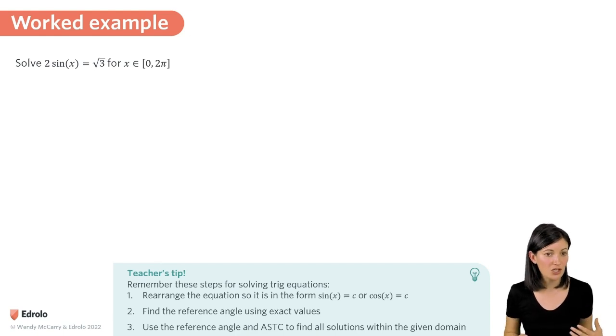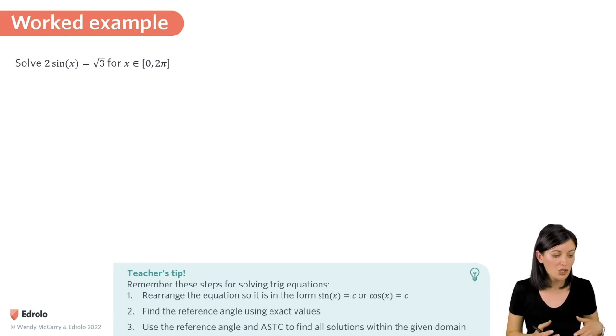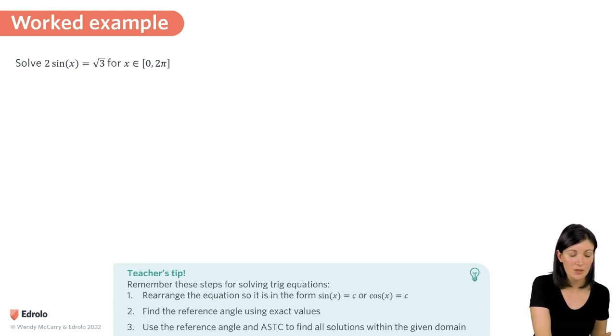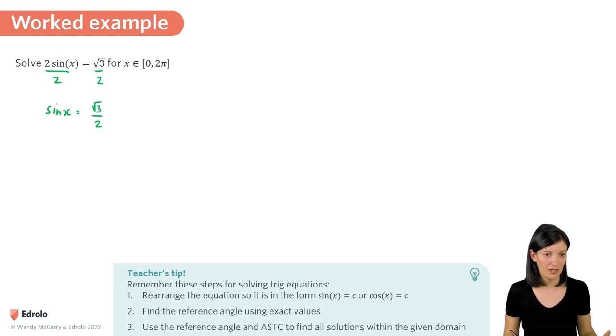The first thing I need to do is rearrange this equation so that I've just got sine x on its own equal to some number. So I can do that by dividing both sides of the equation by 2. So if I divide this by 2 and this by 2, what I get is sine x is equal to root 3 on 2. Okay, so that's step 1, done.